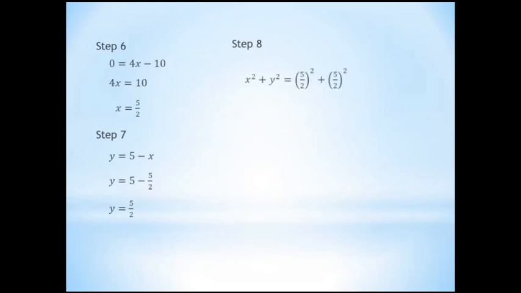So x squared plus y squared is equal to (5/2) squared plus (5/2) squared, which is equal to 25/4 plus 25/4, which is equal to 50/4. So the sum of their squares is 50/4.